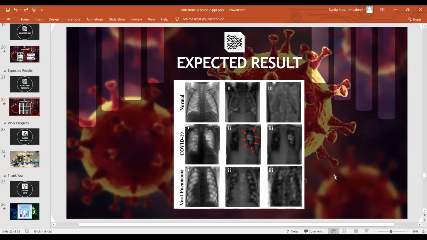And in the output format, you said you'll be giving the images, right? In addition, you will be providing some text information also, like this much percentage will be affected? Yes, ma'am. In the next phase, we'll be looking into that also. Surely, ma'am, we'll do it.